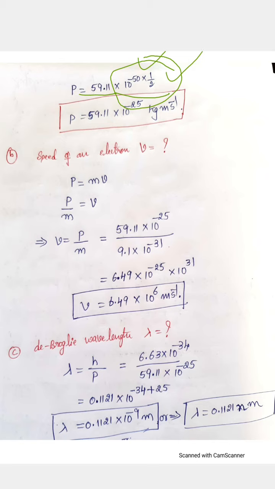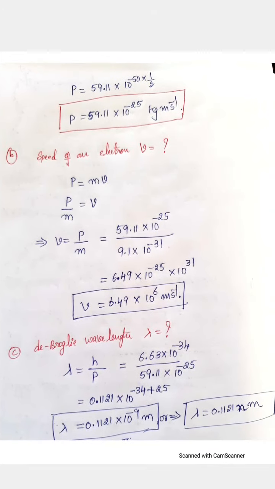Multiply that, you will get 10 to the power minus 25. The momentum of the electron is given by P is equal to 59.11 into 10 to the power minus 25 kg meter per second.